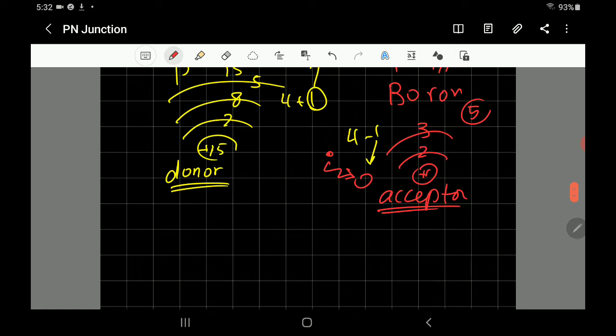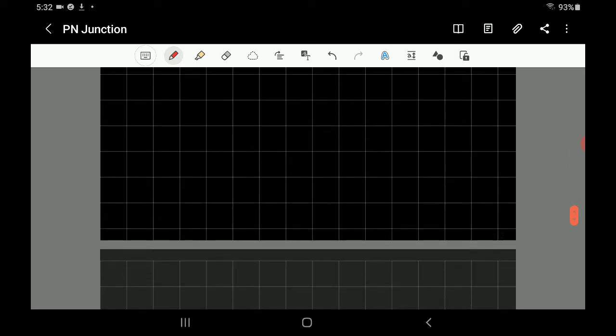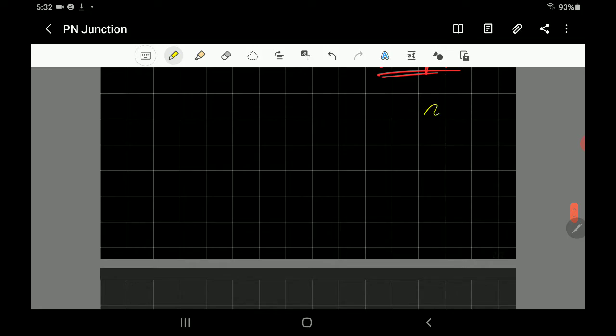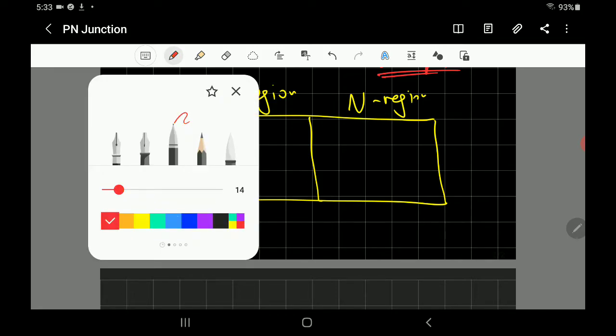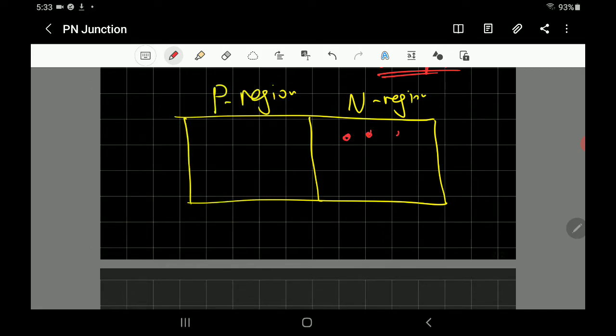Let's look at p-type material and n-type material after adding these impurities. Now you have the n region and the p region, and we put them together. That's the p region and that's the n region. The n region has more electrons, the majority electrons. Why does it have more electrons?